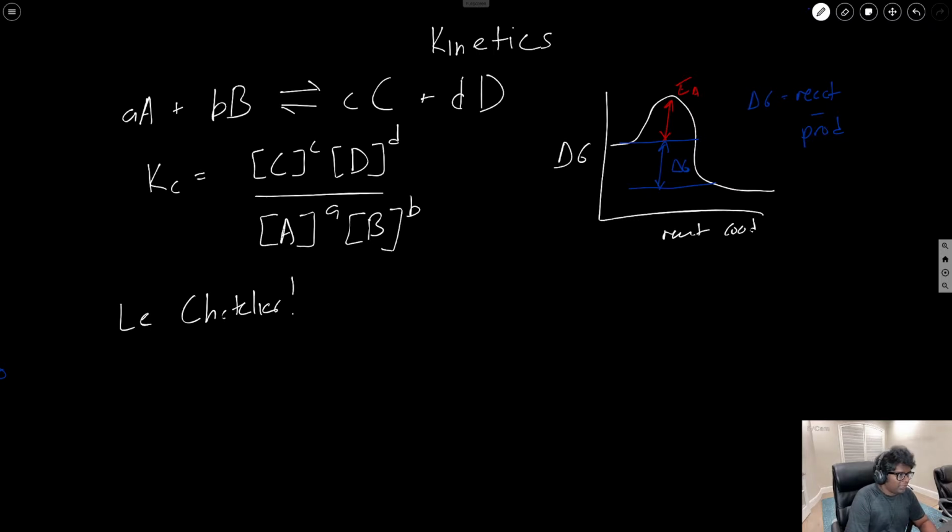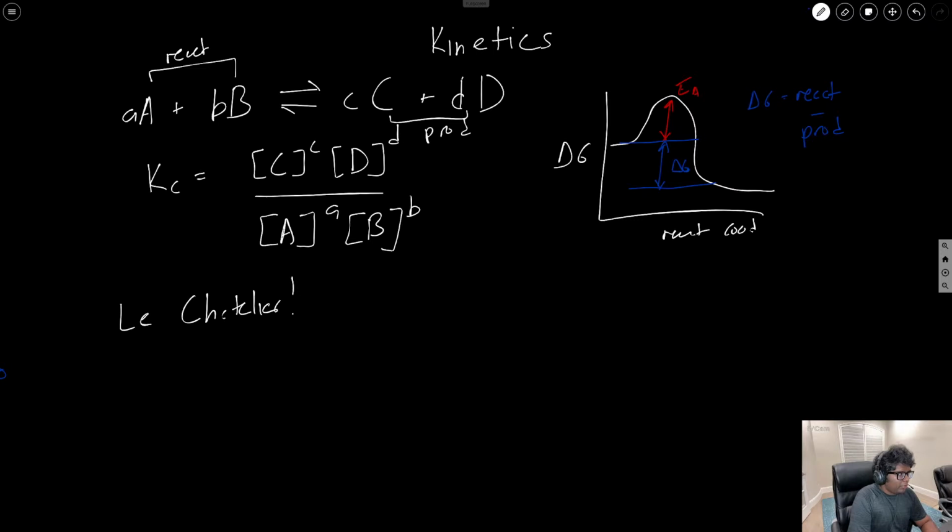I have a basic skeleton equation written right here. So these right here are your reactants, and these right here are products. So these are coefficients of reactants. Like if you have two oxygen, the lowercase a would be the 2, and the A would be the oxygen, and so forth.